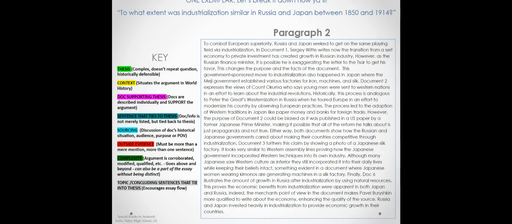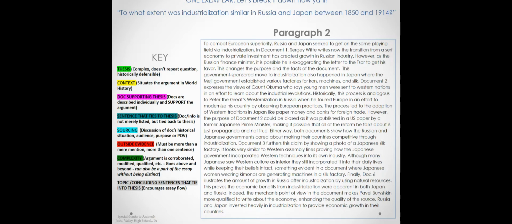The process led to the adoption of Western traditions in Japan, like paper money and banks for foreign trade. However, the purpose of Document 2 could be biased, as it was published in a U.S. paper by a former Japanese prime minister, making it possible that all of the reform he talks about is just propaganda and not true. Either way, both documents show how the Russian and Japanese governments cared about making their countries competitive through industrialization.